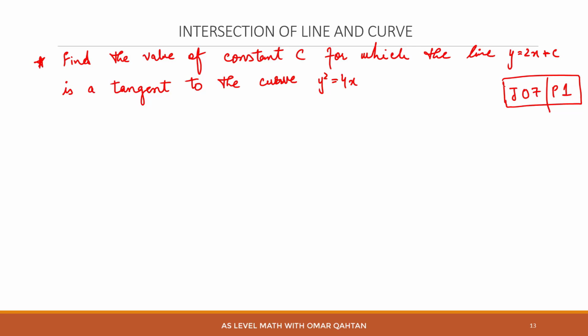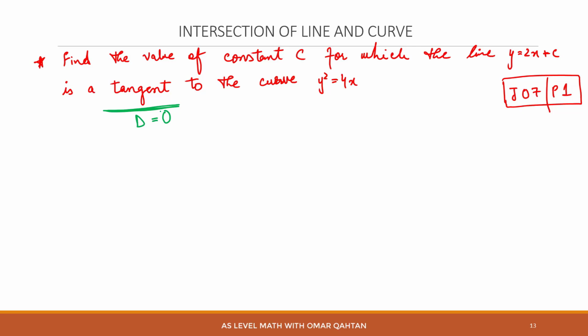The question is, find the value of the constant c for which the line y equals 2x plus c is a tangent to the curve. That is the most important thing for this question. By this condition, we know that the discriminant should be equal to 0.